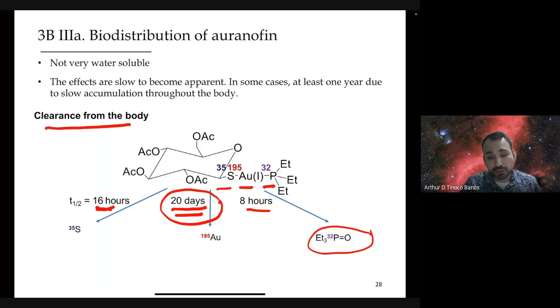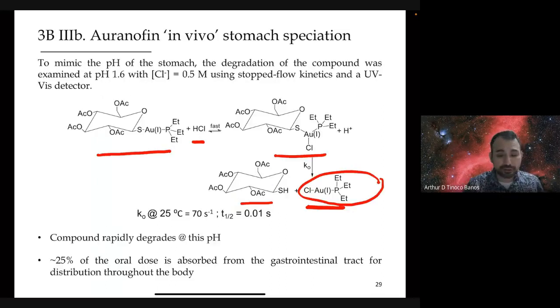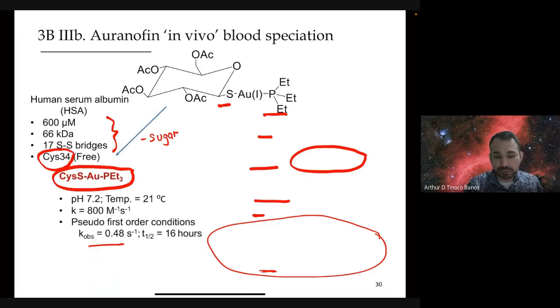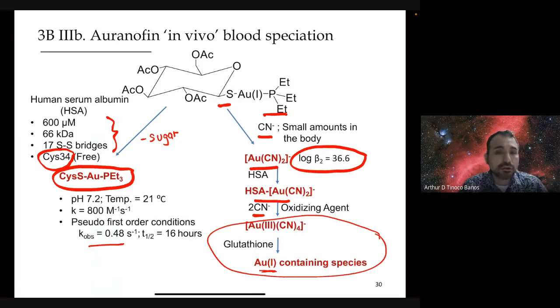But also within the environment of the blood, the presence of other gold-binding groups is sufficient to get rid of both the phosphine and also the thiol sugar, even to a greater extent. That's the way we're supposed to consider it: those factors, whether it's a small molecule or these big proteins that have the capacity to affect the speciation of that gold, and what's going to lead to its greater lifetime within the body.